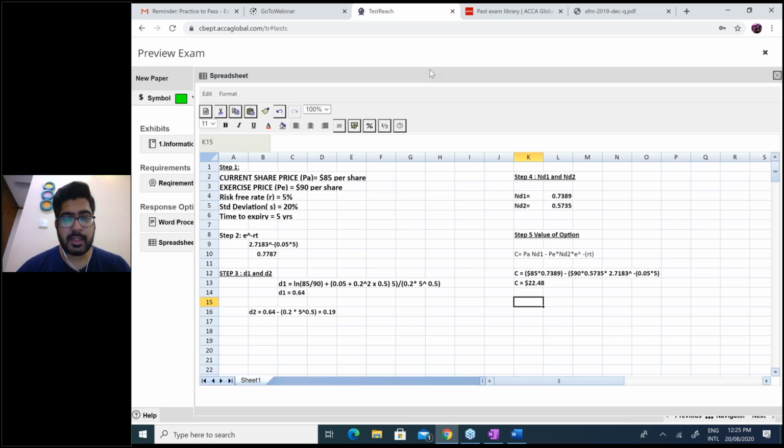If Inva, I have done nothing as far as step 5 is concerned. It's the call option value formula which you are seeing on the screen. It's PA, you already have PA, multiplied by ND1, you already have ND1, minus PE, you already have PE, into ND2, you already have found ND2, into E minus RT, you already have found E minus RT in step 2. So it's just value placement. Yes, Kulia, you are right.